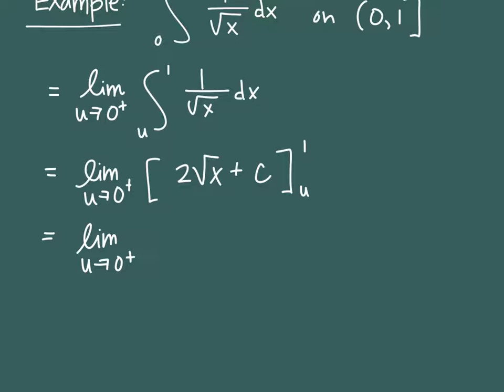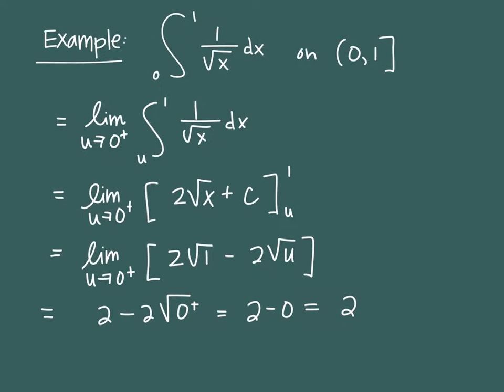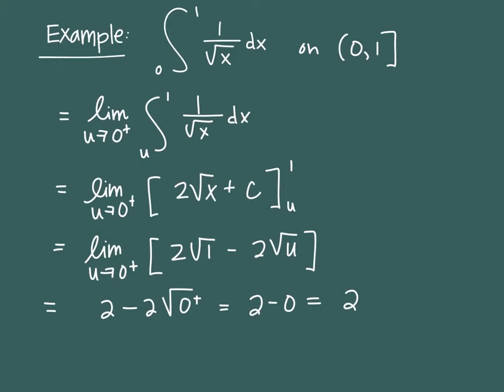All right, and then we've got 2 times the square root of 1 minus 2 times the square root of u. And then we plug in u plus into that, so we have 2 minus 2 times the square root of 0 plus, which is just 2 minus 0, and so the value is 2, and we say that this integral converges to 2, even though the bound wasn't part of the original domain. Any questions about that one?